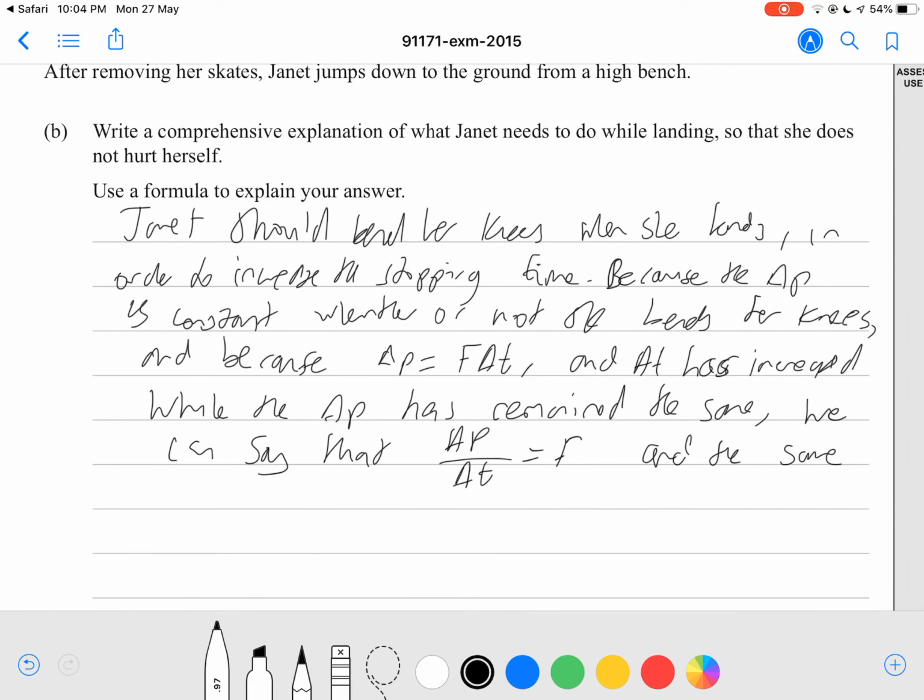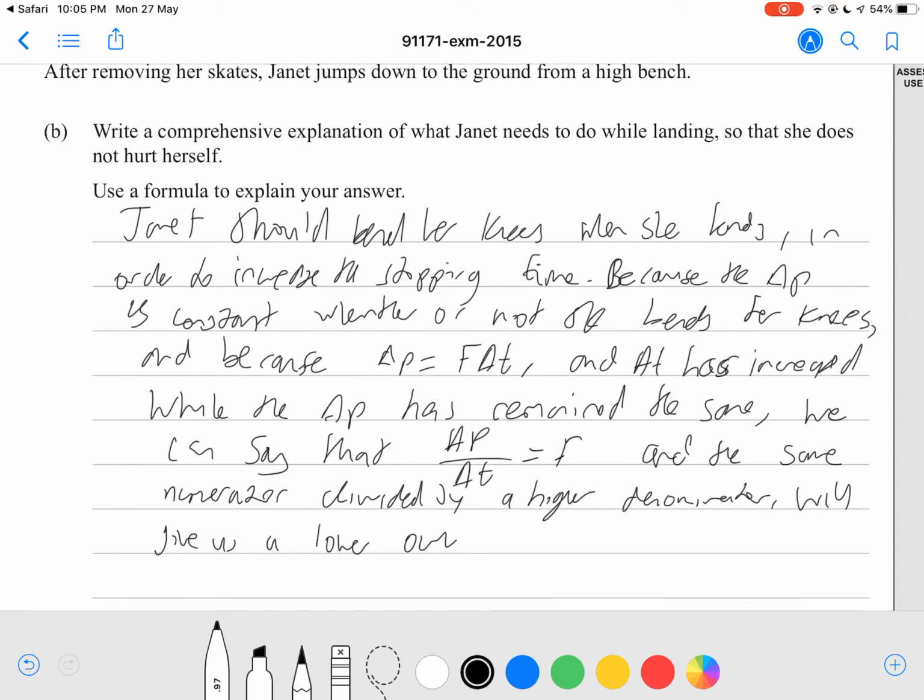And the same numerator divided by a higher denominator will give us a lower output, meaning less force experienced. Okay, so we're going to link it back to why she won't hurt herself. Because there's less force, she's less likely to get injured.